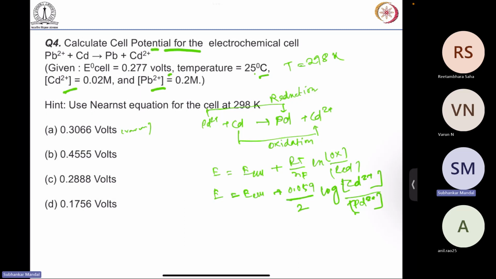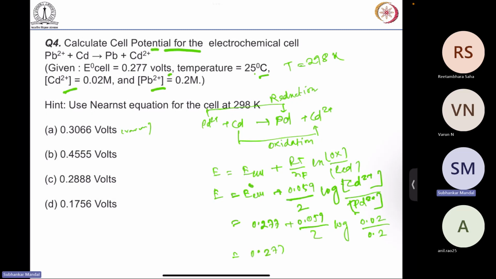So all the things are given. So E naught is given as 0.277, plus 0.059 by 2 log of 0.2 by 0.2. Okay.